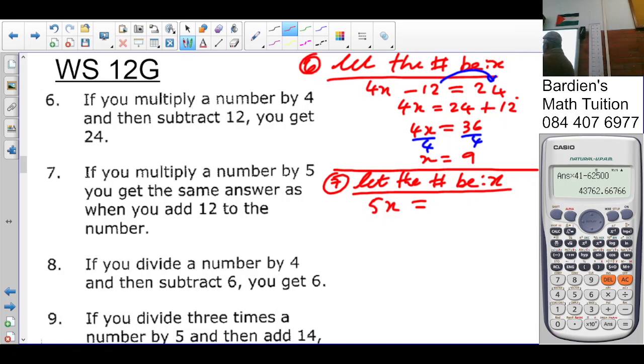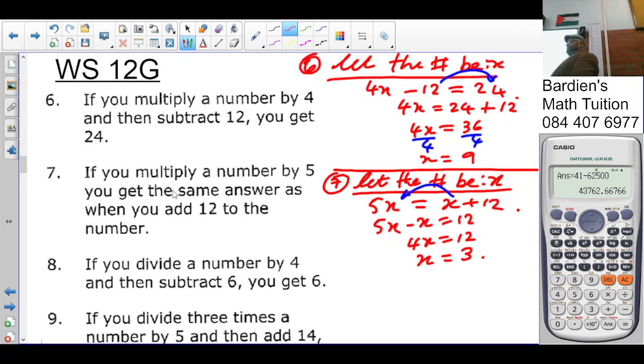So what am I going to write here? x plus 12. It is a matter of solving for x. 5x minus x is equal to 12, so 4x equals 12, and divide by 4 both sides.